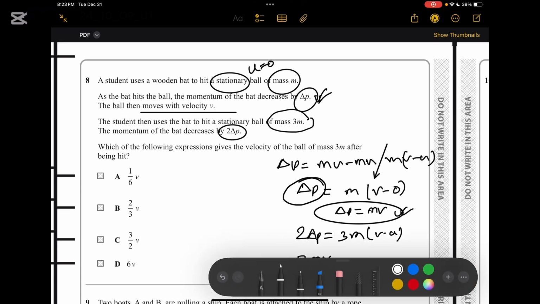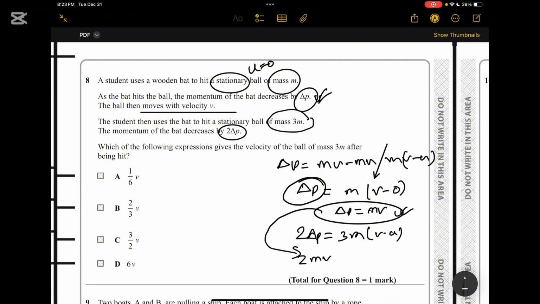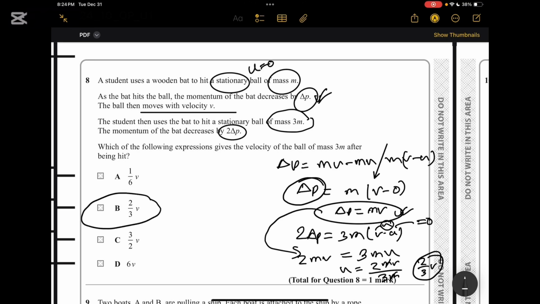So the 2mv is equal to 3m, we can write this v as x, 3mx, because this u is 0 and this is our x. Let's keep it as x. So this is our 3mx, so x comes as 2mv by 3m. So m cancels and we are left with 2 by 3 v. So this is going to be our answer.